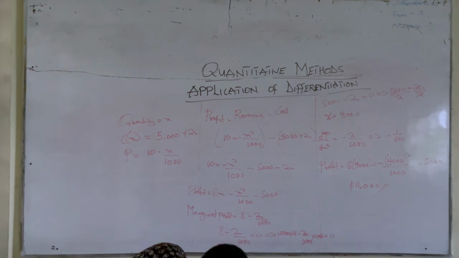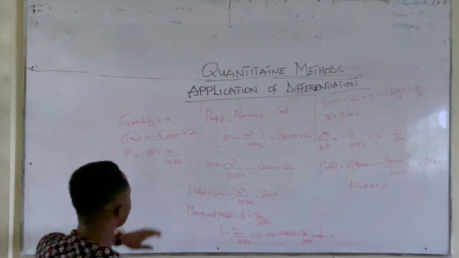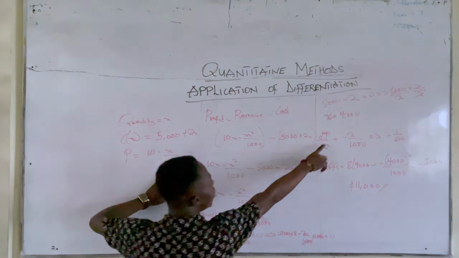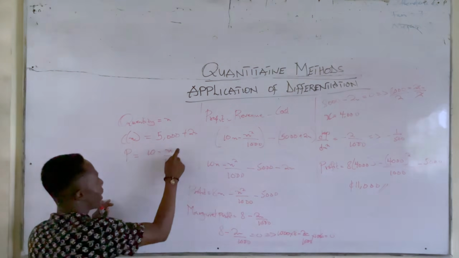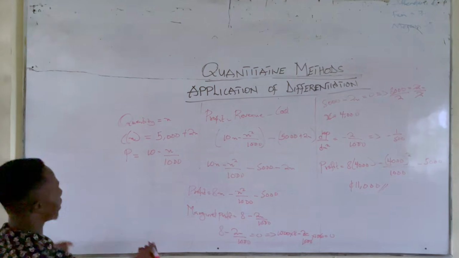Then the fourth one says the price that the company should charge for each radio. So the price that they should charge for each radio before they attain that profit is, you just substitute this 4,000 into the price function. The amount or the value that you get is the answer.